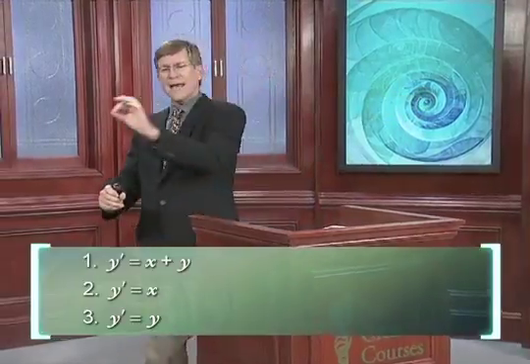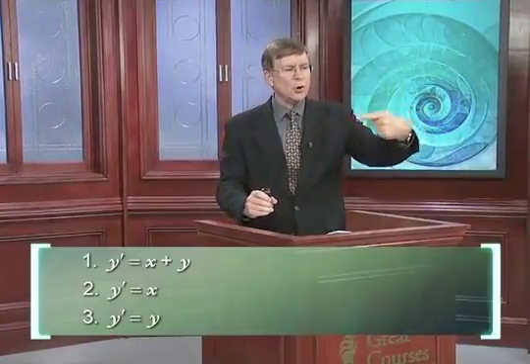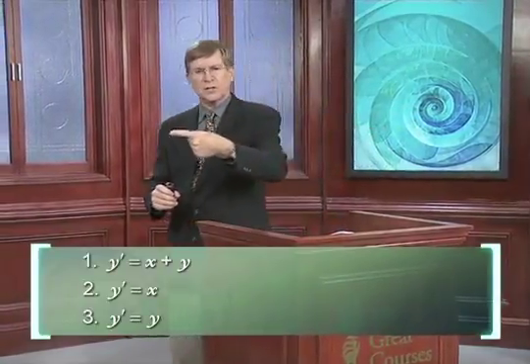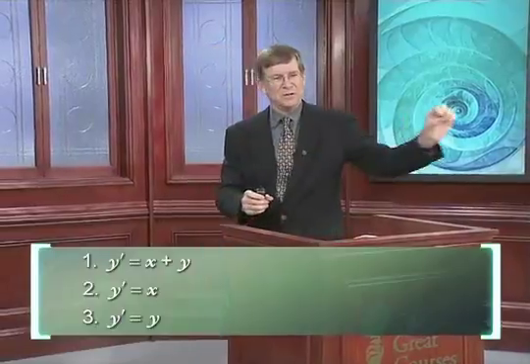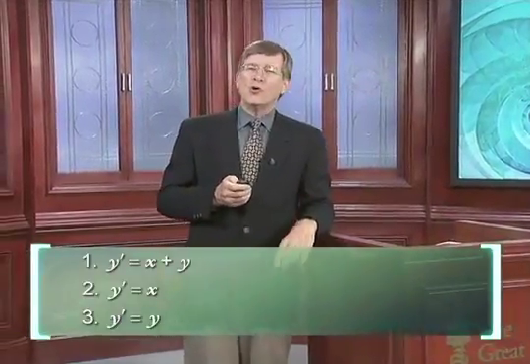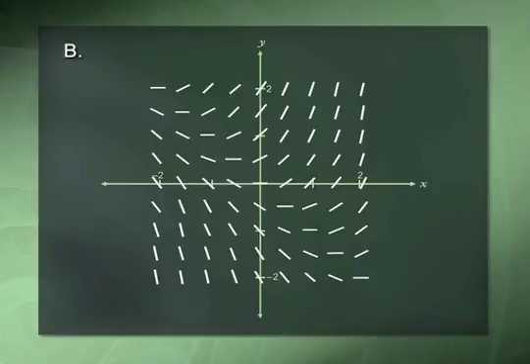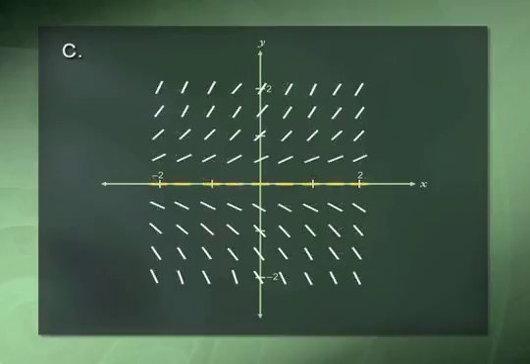So along the x-axis, my slope field should have horizontal tick marks because the derivative is 0 along the x-axis. Does one of these slope fields have horizontal tick marks along the x-axis? This one doesn't. This one doesn't either. Uh-oh. Ah, this one does. So that's got to be the answer to the third one.